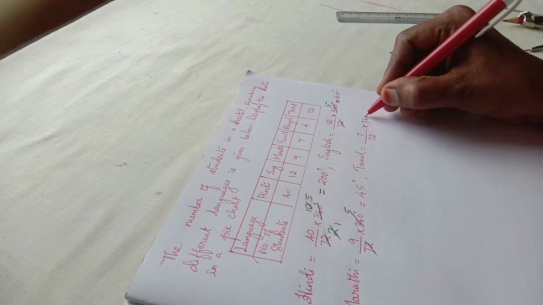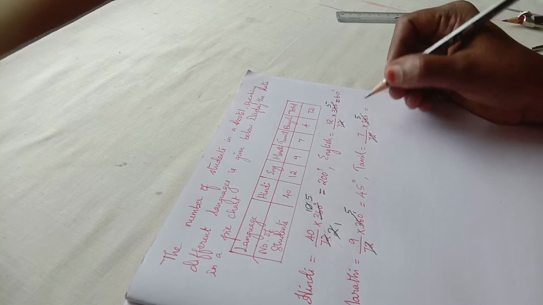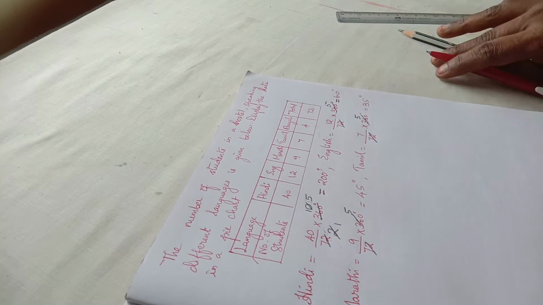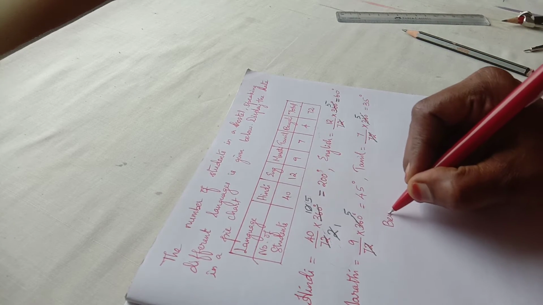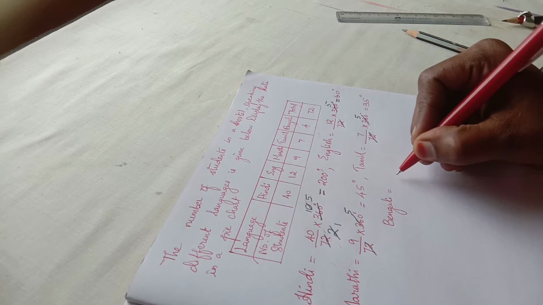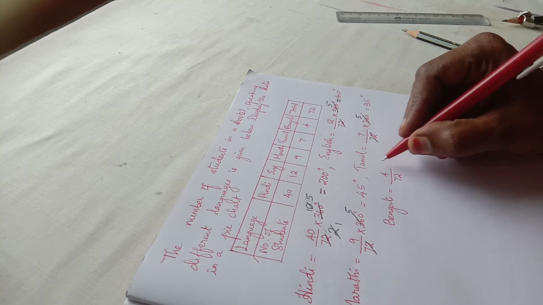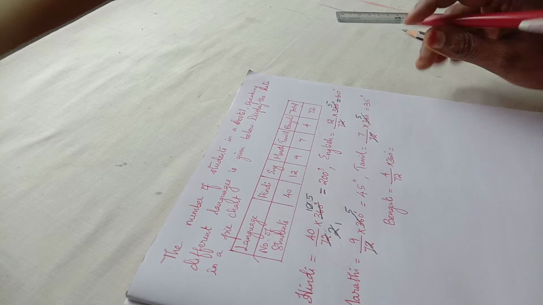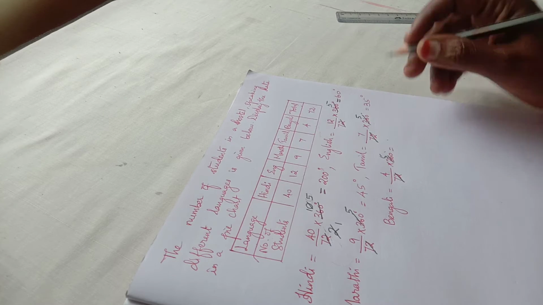Multiply it by 360 as usual. When you simplify this you get 5; 7 fives are 35. Now finally Bengali. The denominator is 72 and 4 students speak Bengali. Multiply it by 360. So directly we can multiply 4 into 5, 20 degree.